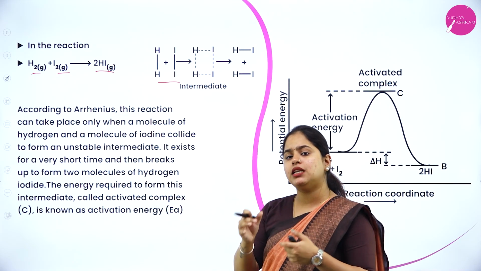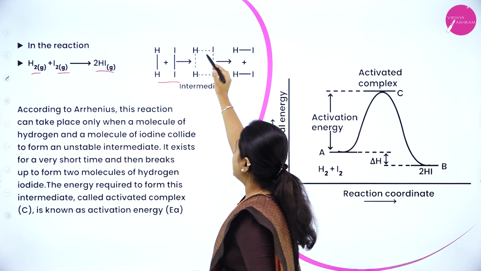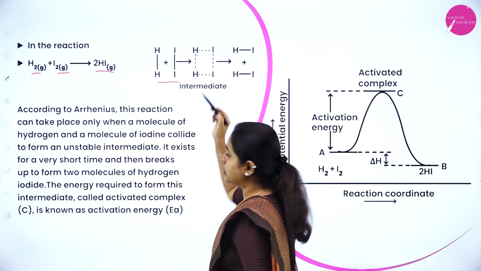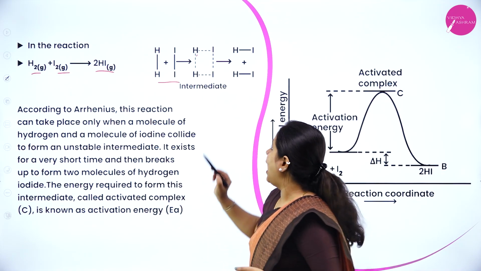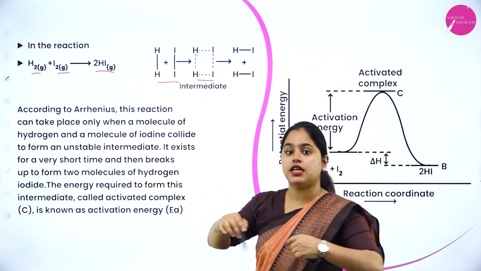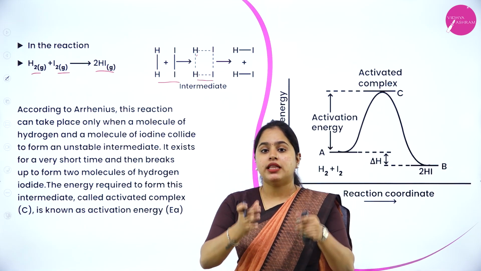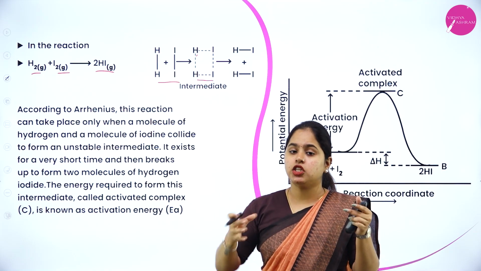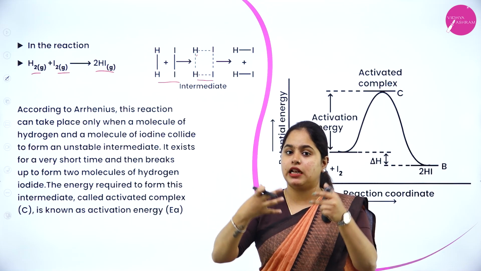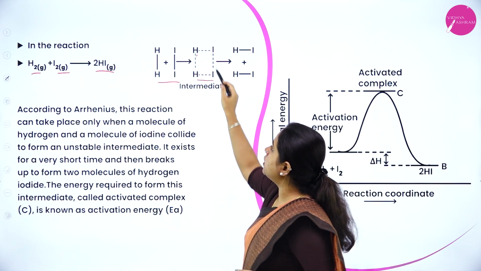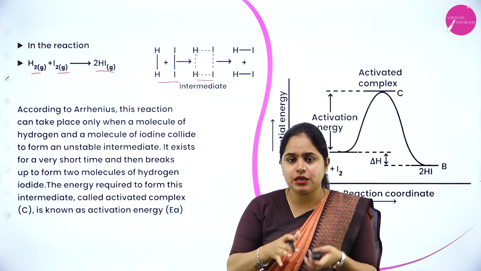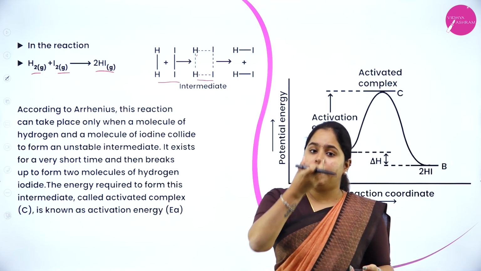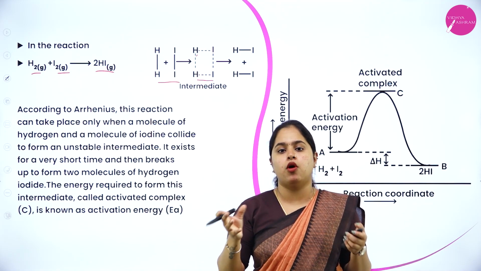In it, as you can see, the H-H bond starts breaking and the H-I bond starts forming. The hydrogen-hydrogen bond is not completely broken and the hydrogen-iodine bond is not completely formed, which is why it is shown by dotted lines.